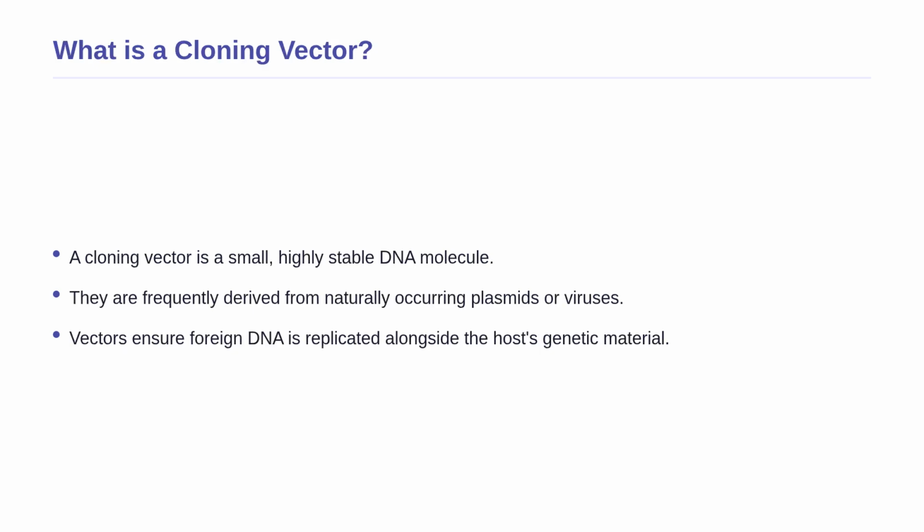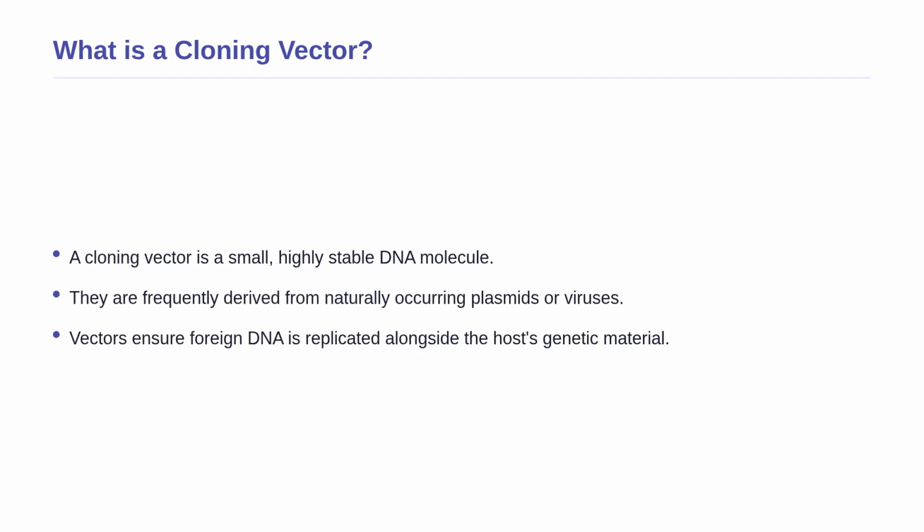Now that we have our delivery truck analogy in mind, let us look at the formal scientific definition. A cloning vector is a small, highly stable DNA molecule, which is very often derived from naturally occurring plasmids or viruses. Its primary job is to act as a specialized vehicle to artificially carry foreign genetic material into another living biological factory, such as a bacterial or animal cell.